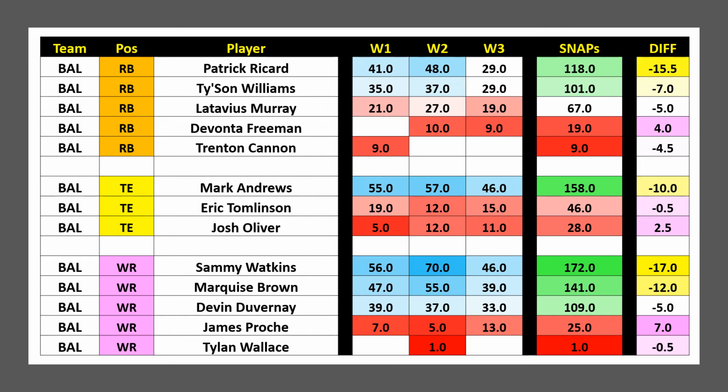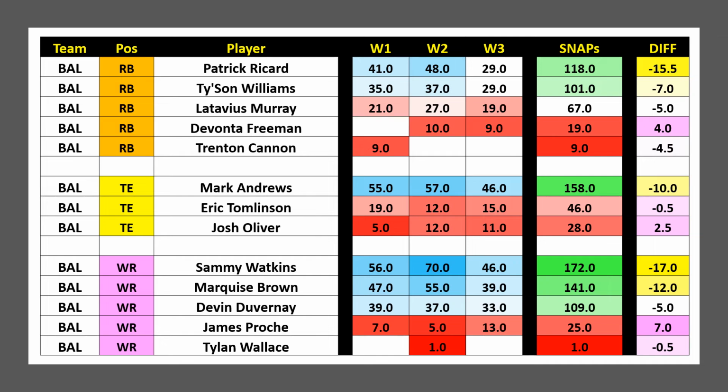Baltimore, Tyson Williams went down 7. Murray kind of low, okay, low again. I don't know what they're doing with him. Andrews dropped 10. That's never good. Watkins, Brown. So it looks like Baltimore's wanting a 1A, B, and C type. And notice minus 17, 12, and 5. So not so good.